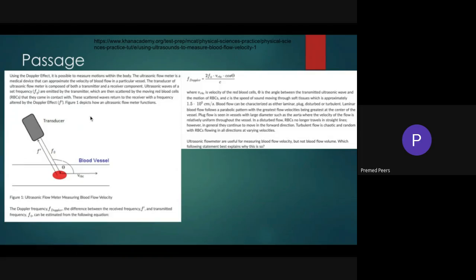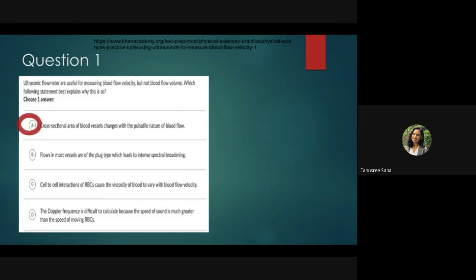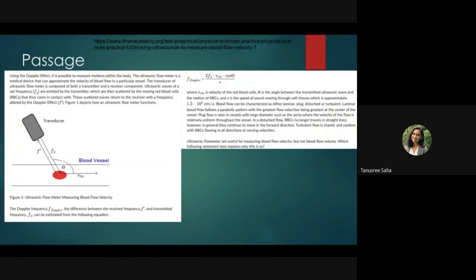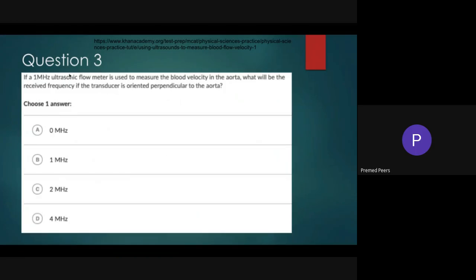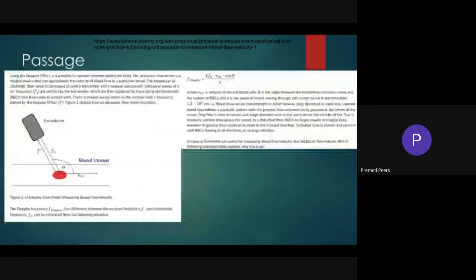Yes, perfect. So it's noticing this picture and then plugging it back into this equation. That part I got right, but then I just didn't understand why the answer was 1, like they said it was. Oh, okay. So that has to do with it being a 1 megahertz ultrasonic flow meter. So remember that this F Doppler is what you got to be 0. And F Doppler is the difference between the received frequency and the transmitted frequency.